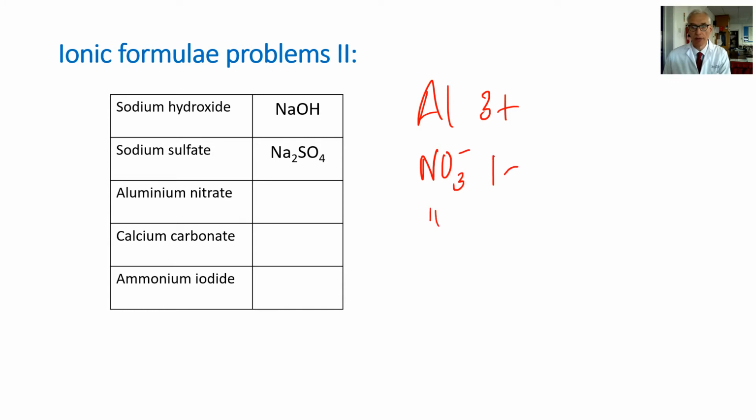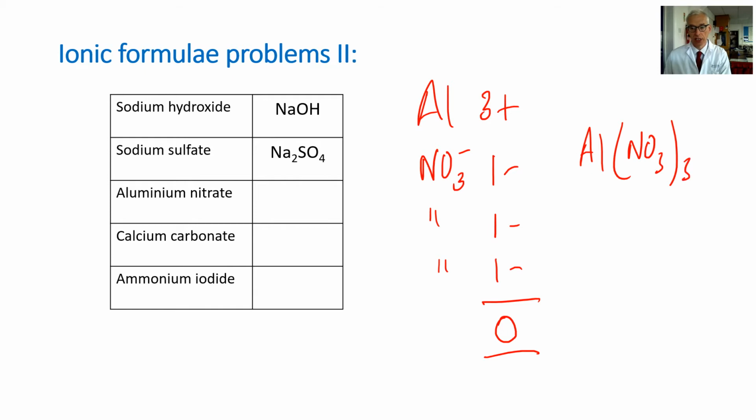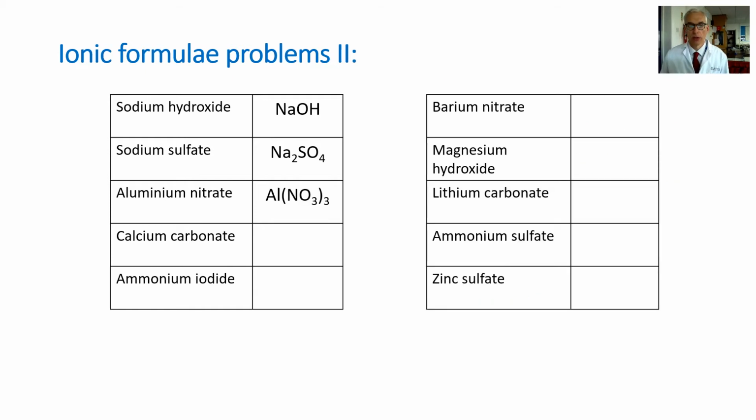So a little bit of shorthand, I need 3 nitrate ions so that the ion charges sum to 0. So I write that as aluminium, bracket, nitrate, 3 times. So there is aluminium nitrate tidied up. Pause the video and try the remaining named compounds as formulae.